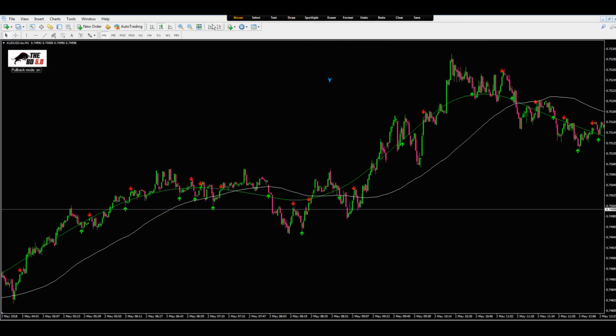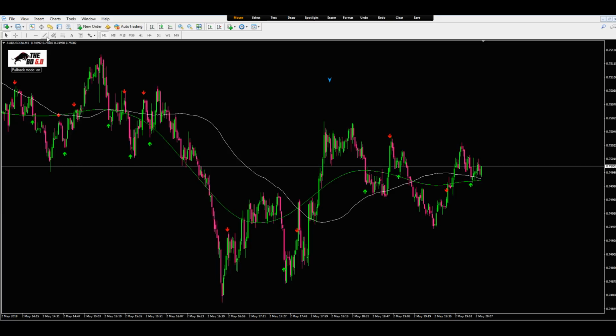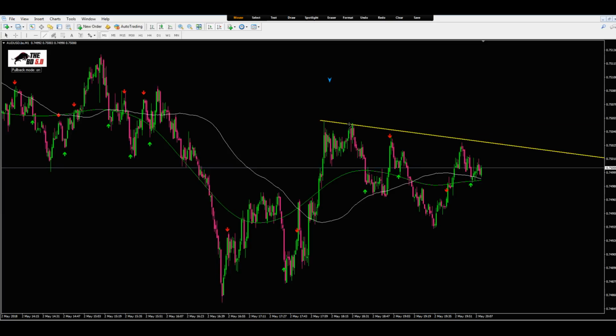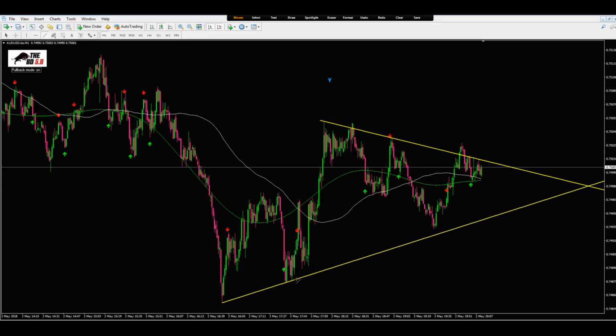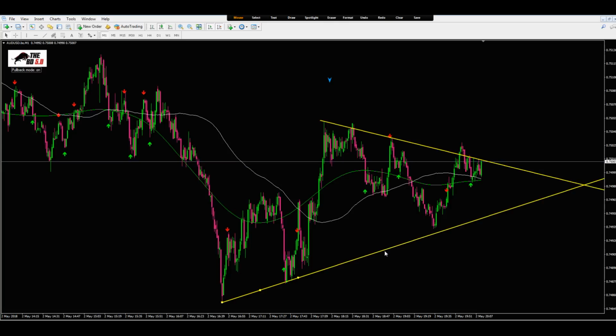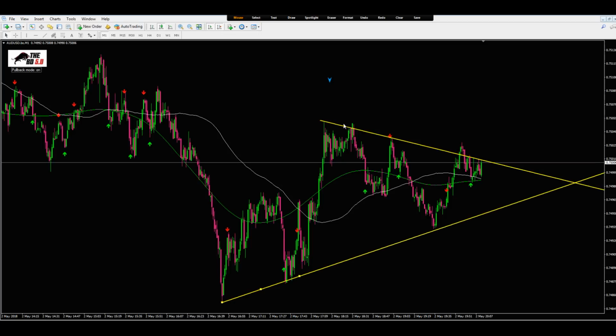We zoom in, and we can see a nice trend line forming here, but at the same time we've got a trend line up. Now what we have here is a flag shape or a wedge shape pattern. What that means normally is that the price is getting squashed.